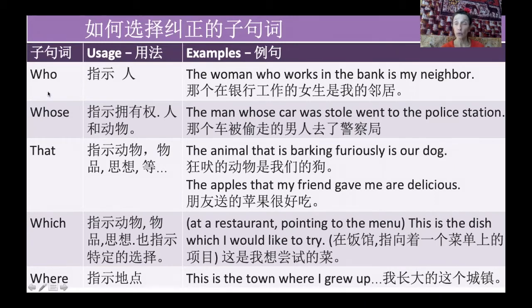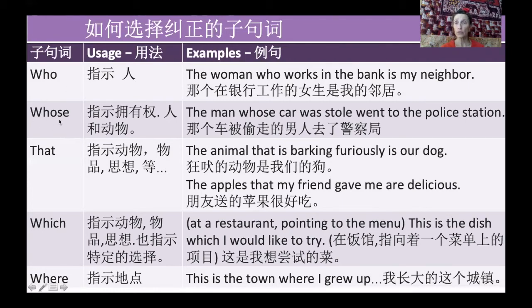So who, the word who, 只是人, just for people. So in the example sentence, the woman who works in the bank is my neighbor. Okay, so who is the two ideas? The woman works in the bank. The woman is my neighbor. The woman who works in the bank is my neighbor.